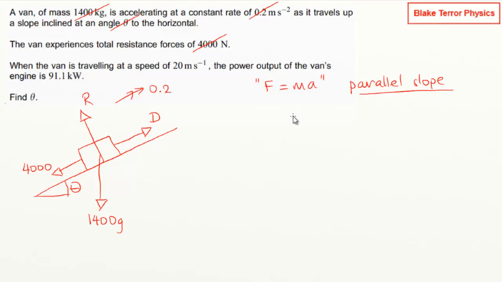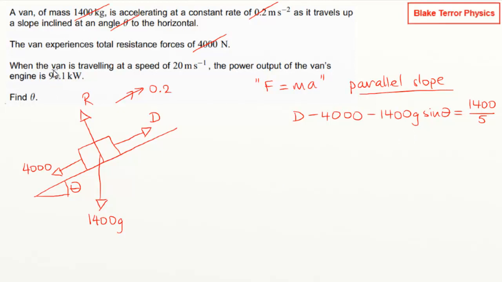Going up the slope, we've got D. Going down the slope, so put in negatives on them, we've got our minus 4,000 for the resistive forces, and then we've got 1400 g sine theta. And that is going to be equal to our mass times the acceleration. So that is 1400 divided by 5, because acceleration is 0.2. Right, so we've got all of that.